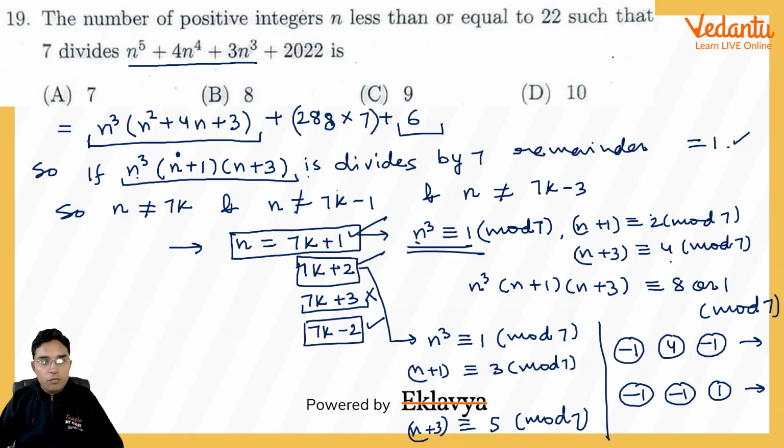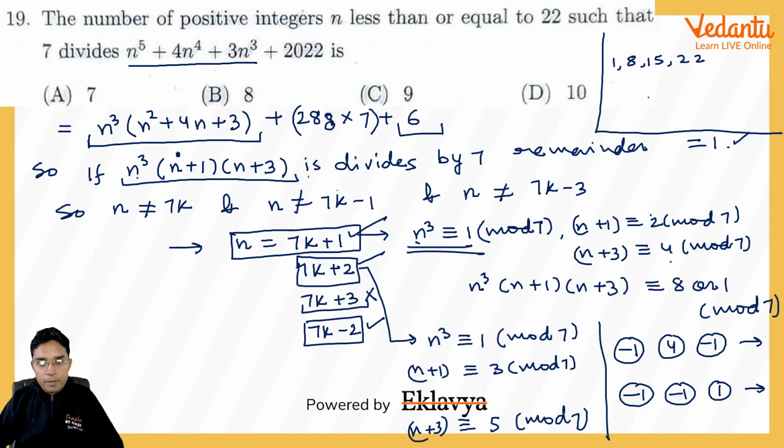We have to select from the first 22 natural numbers, positive integers less than or equal to 22. For 7k plus 1, I can have 1, 8, 15, and 22 also.